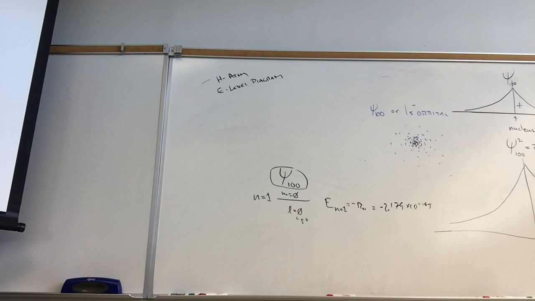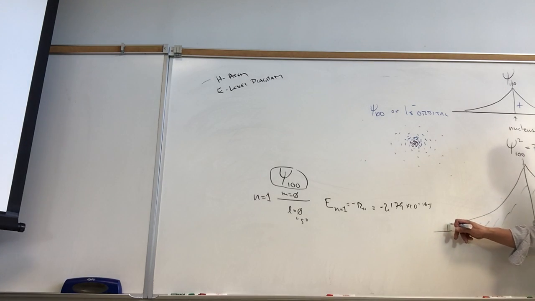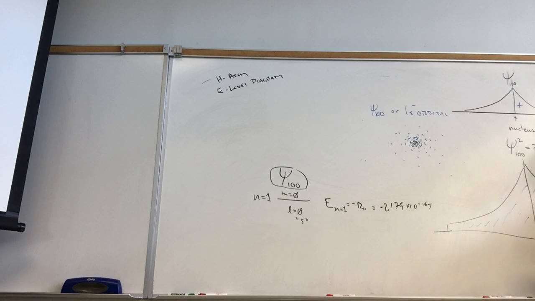And so what we typically do is get 90 or 95% of the area under the curve and call that the size of the orbital. If we get 90% of the area under the curve, then there's only a 10% probability it's outside this.